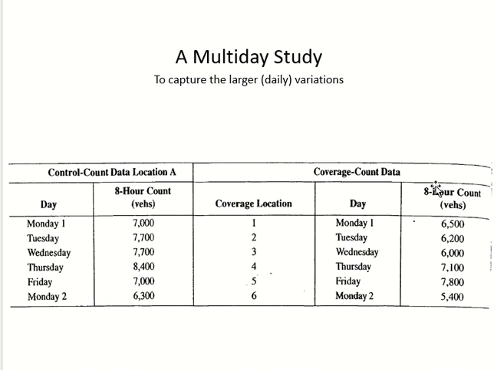You cannot do 6 days here and 3 days here. You can do 3 days here and 6 days here, but you cannot do the other way around. Anyways, the timing has to overlap between the coverage and the control. So if 6 days are here, then 6 days on the other side as well.